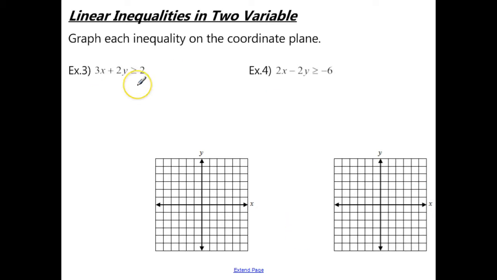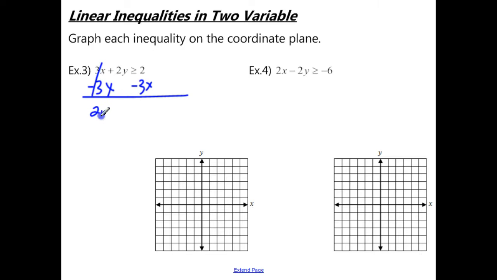Linear inequalities in two variables. We're still in Algebra 1 review, and when you take a look at these two inequalities, they look like they're in standard form. And I know we talked about how to find the x and y intercepts and graph standard form easily, but in the case of inequalities, I do want you to change this into slope-intercept form. So to do that, we want to subtract 3x from both sides first.